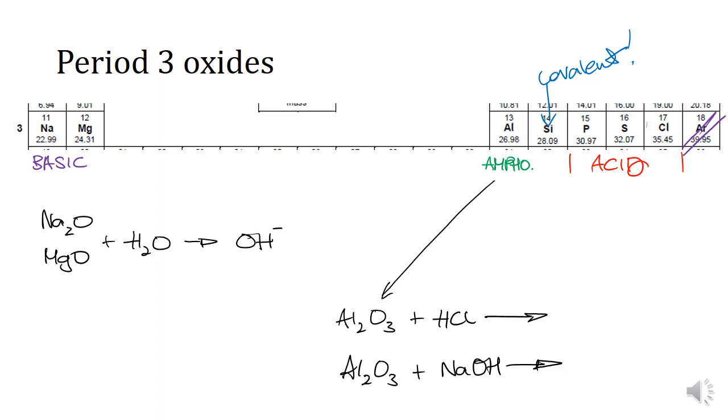It means it can react with either an acid or a base. Now, phosphorus, sulfur, and chlorine react. So P4O10 reacts with water to form phosphoric acid.